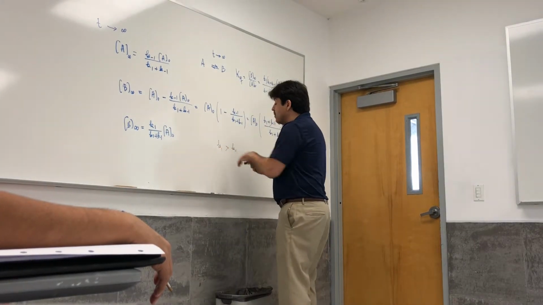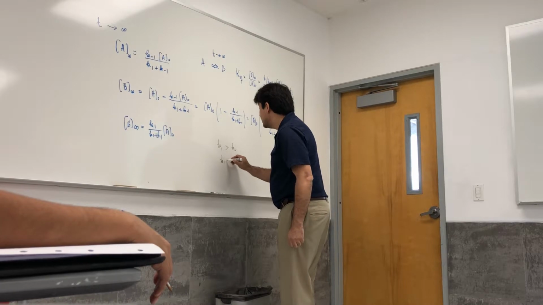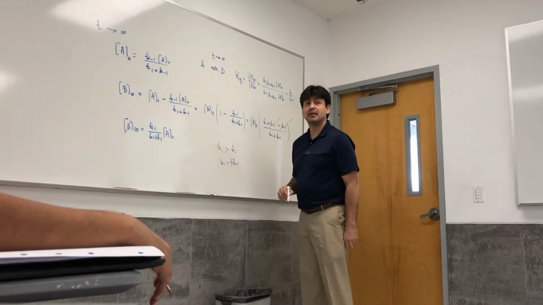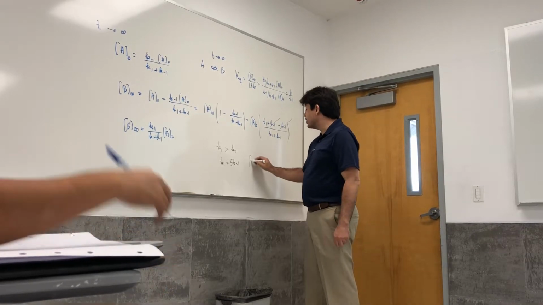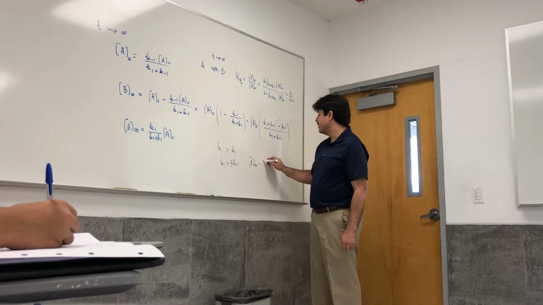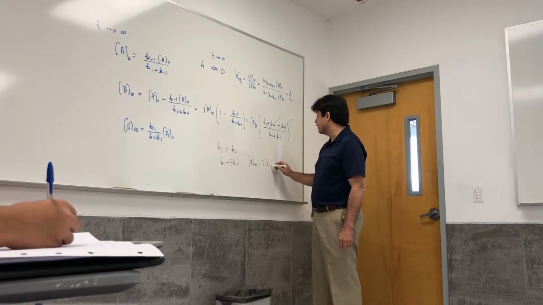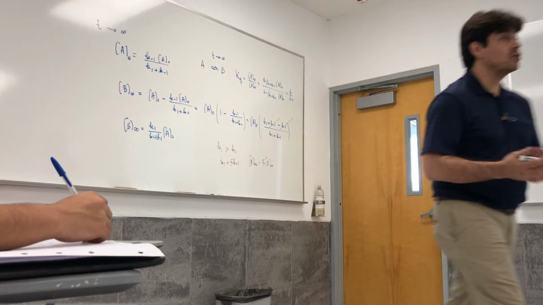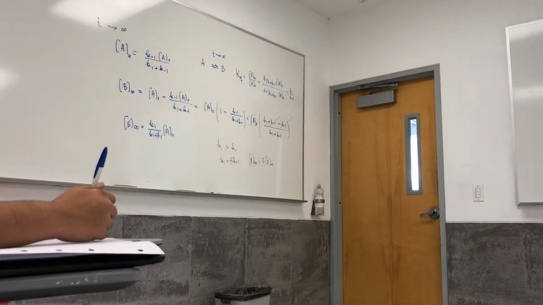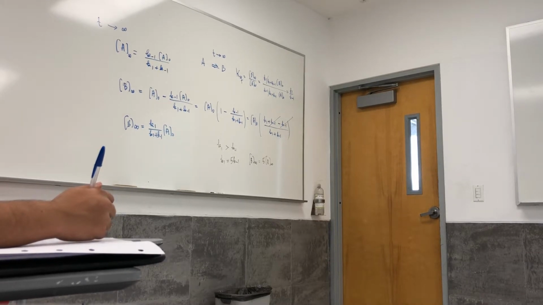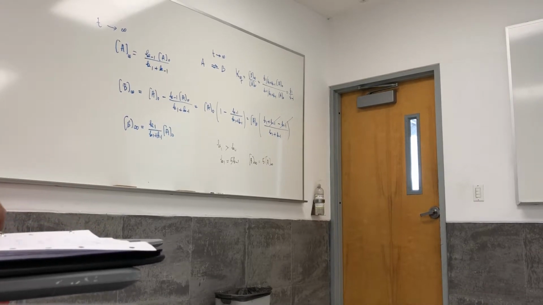If, for example, k1 is 5 times k minus 1, this means that the concentration of B at equilibrium will be 5 times the concentration of A. So the rate constants will determine this. So let's try to make a quick plot. Hopefully we can finish it now.